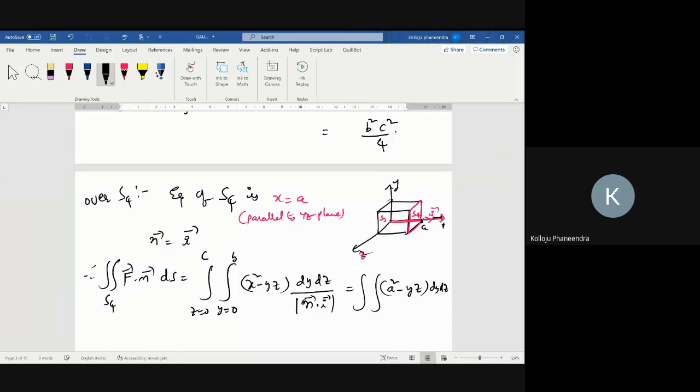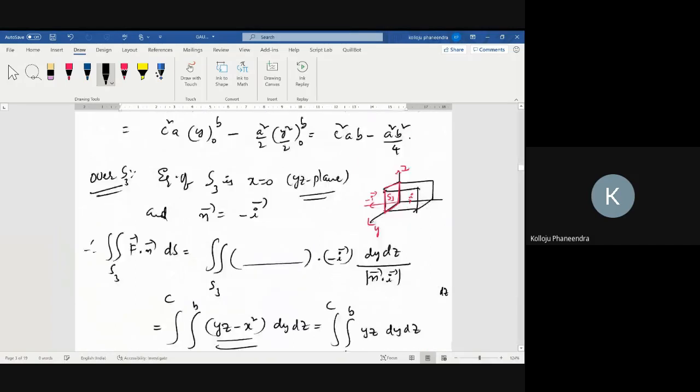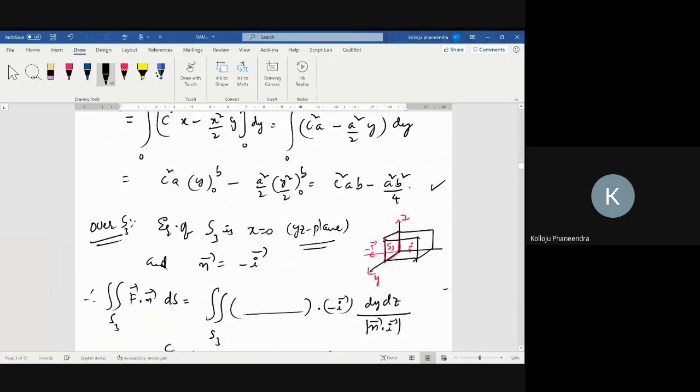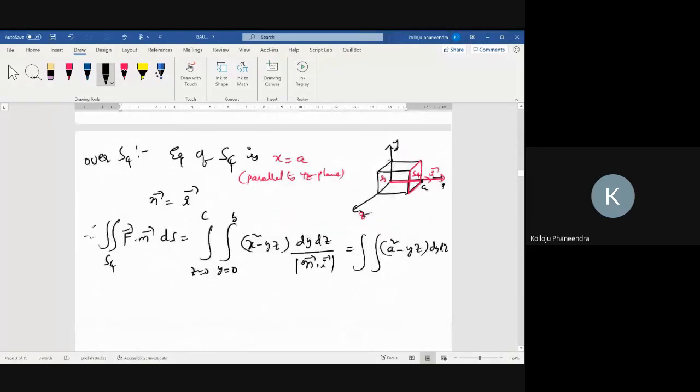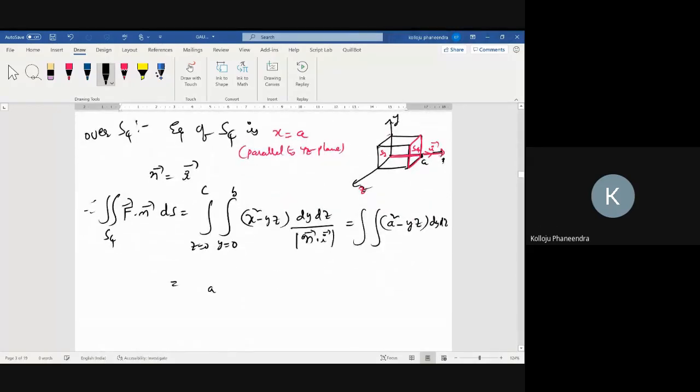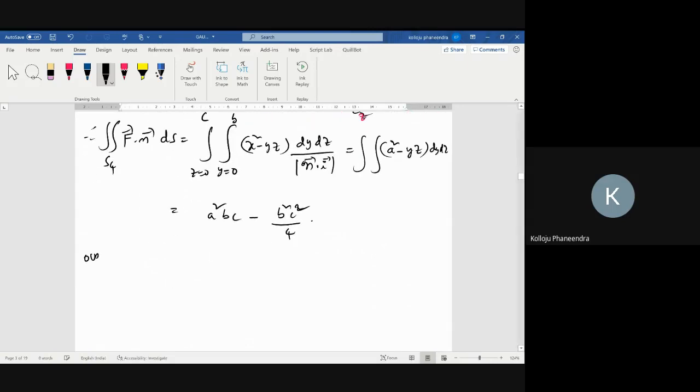Same as before, positive. After evaluation what will you get? a square bc minus b square c square by 4. Similar evaluations. Next, over S5.